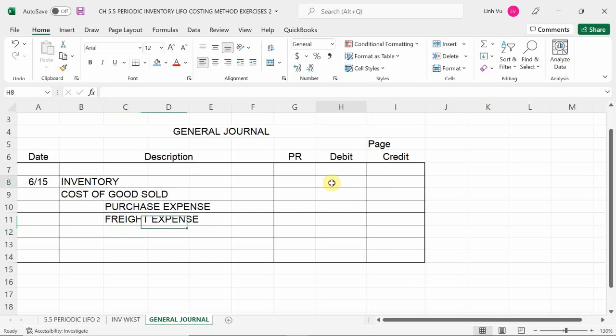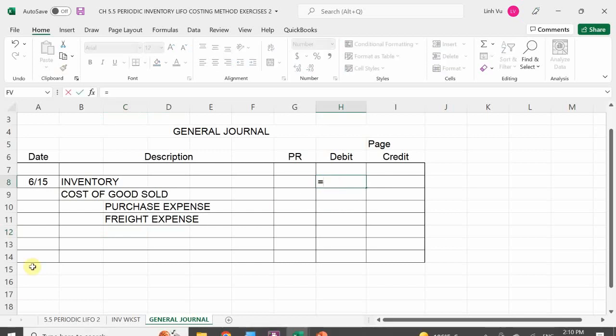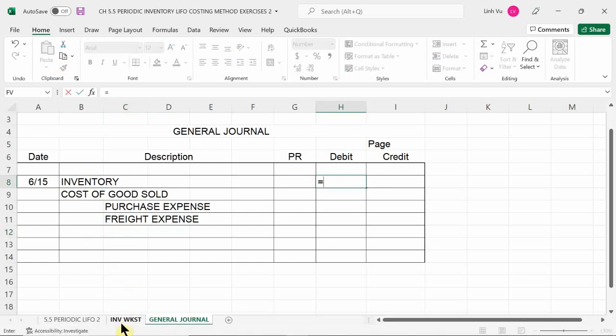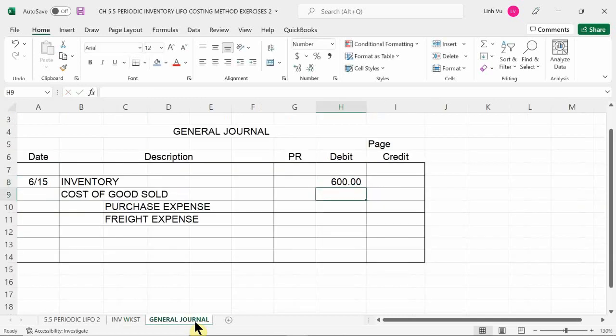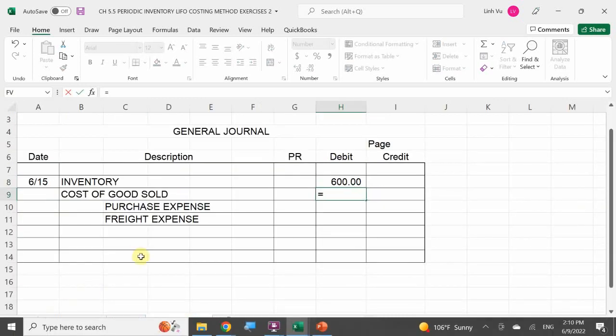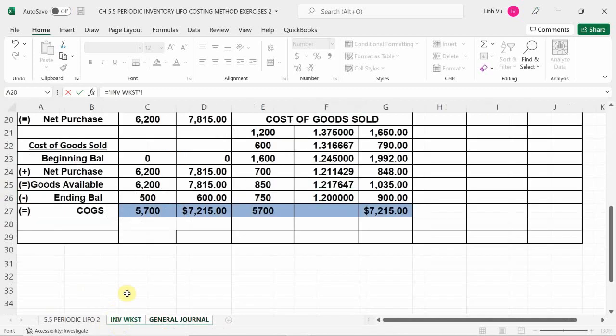Good. So in this case, what was the total value of my ending inventory? Was 7,215? No, that was the cost of goods sold. Good. So the ending will be $600. You just said that was the cost of goods sold.